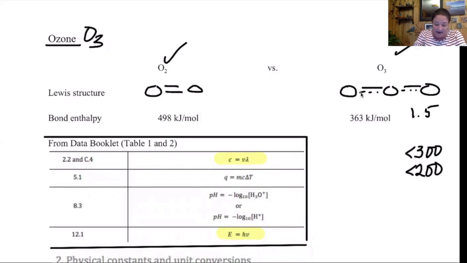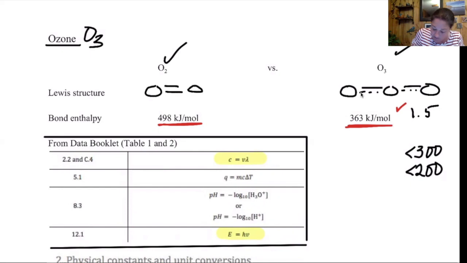If we look at the bond enthalpies associated with each one of them, you'll see that the double bond is stronger than the 1.5 bond. Now, because this bond is weaker, it can be broken with wavelengths of light that are less energetic, closer to the visible spectrum, and in fact, well within the UV range.